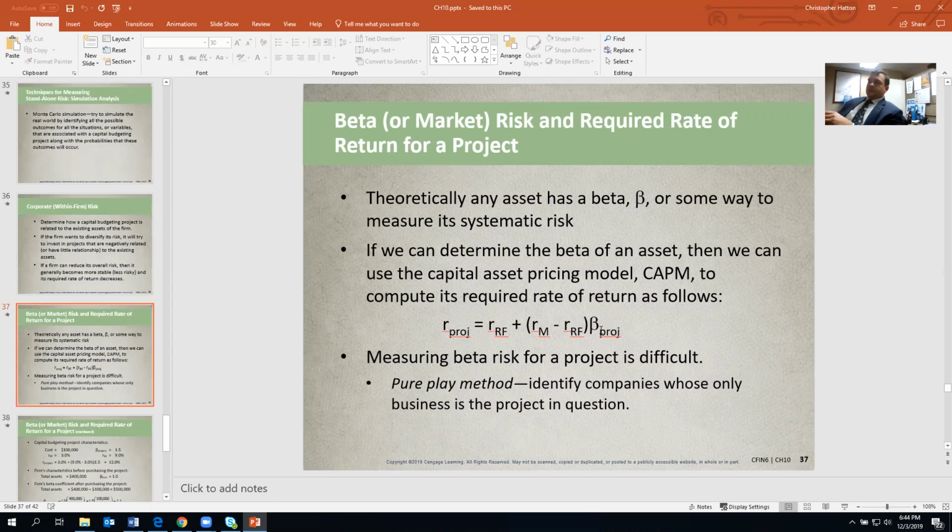So the beta is kind of the, it's not the unknown, but it's the variable that you're testing to see if it will increase or decrease your bottom line or your performance or your productivity. So measuring beta risk for the project is a default. The pure play method identifies companies whose only business is the project in question. So that's a set it and forget it.